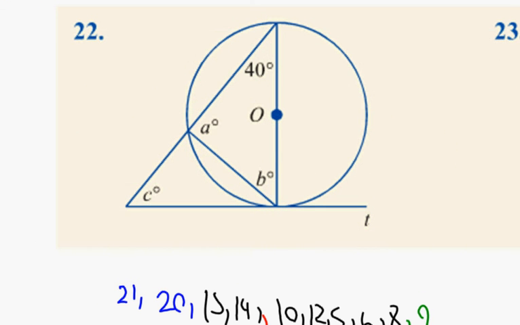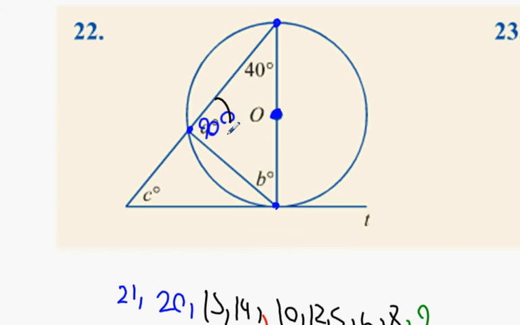Now, look at this here. A is y. Three points on a circle. One of the lines is going through the center of the circle, making that 90 degrees. What does that make angle B? 50, because it has to add up to 180.